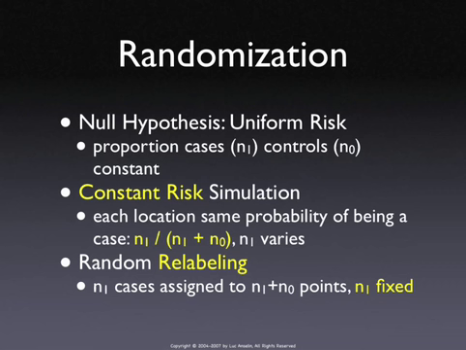So 5 out of 100 points are cases, which means you have 95 controls and 5 cases. So your ratio is n1 cases, 5, over n1 plus n0, 5 plus 95, 100 total points. So if we keep this proportion constant in the simulation, then we mimic a uniform risk pattern.